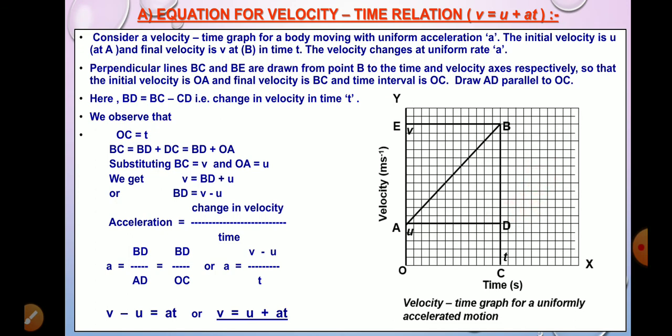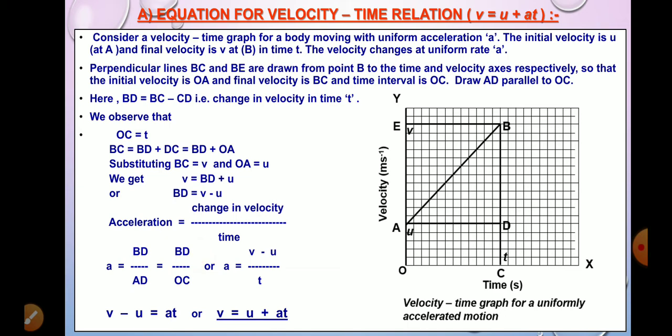So acceleration A is equal to change in velocity divided by time. AD is the time taken, which is equal to OC. So A is equal to BD by OC.